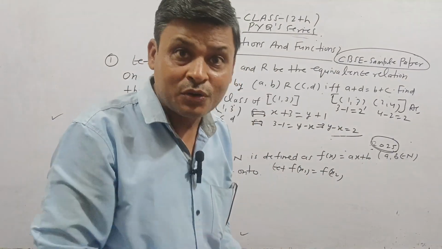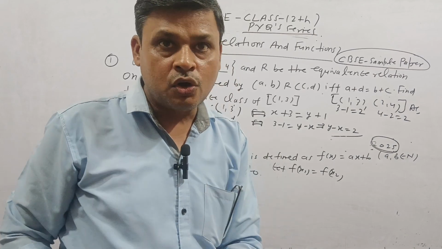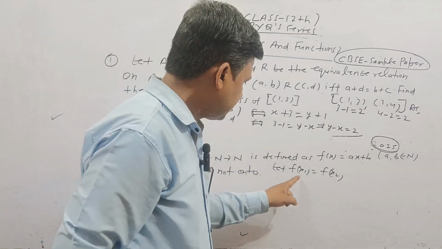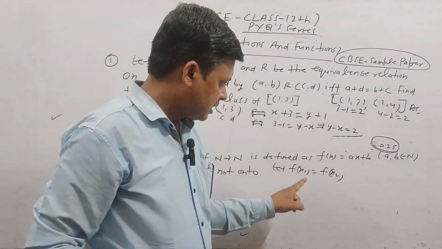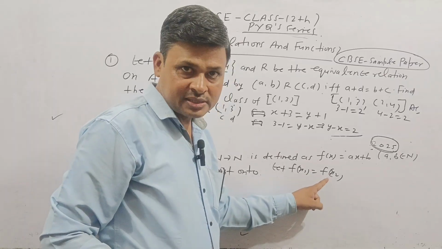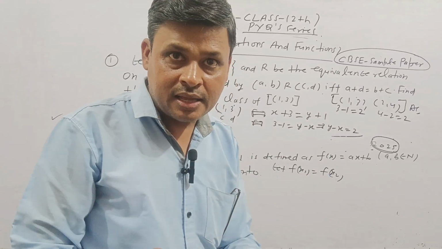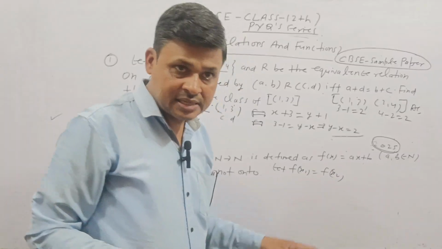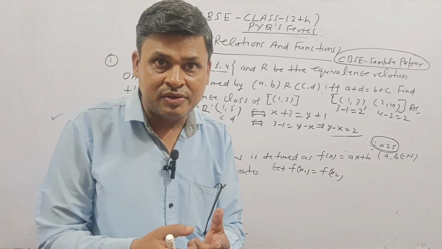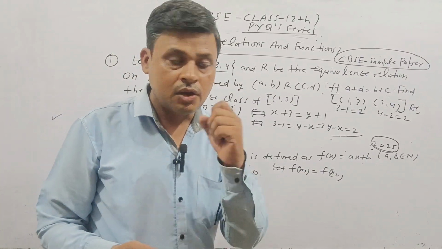This is the concept of the one-one function. For this we will take the images to be the same. If the images of x1 and x2 in the codomain are the same, and the respective pre-images are also the same, then we can say that the function is one-one.